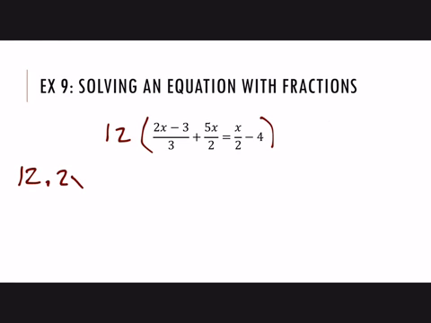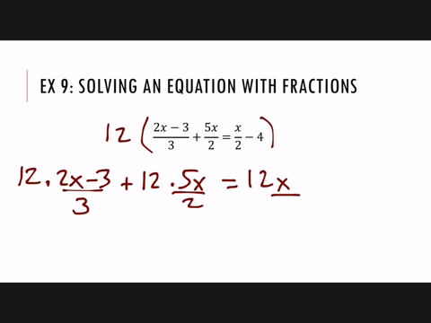Let me write that out. And then you can go through and start doing this multiplication. We end up with 12 divided by 3 is 4. And then I'm doing 4 times 2x minus 3, so this is the distributive property.